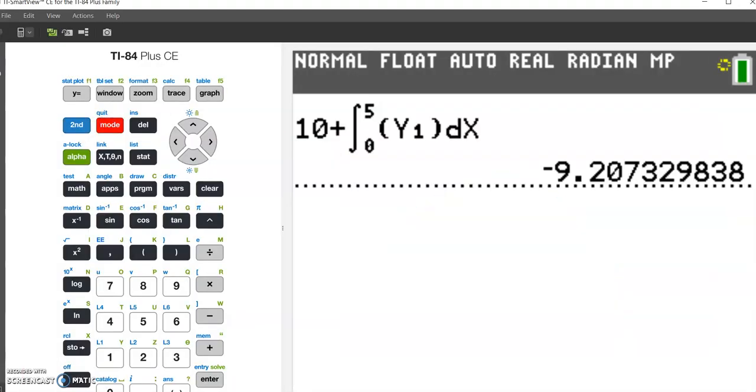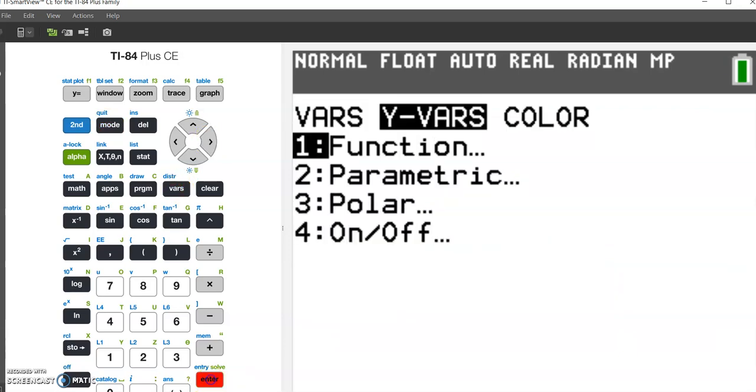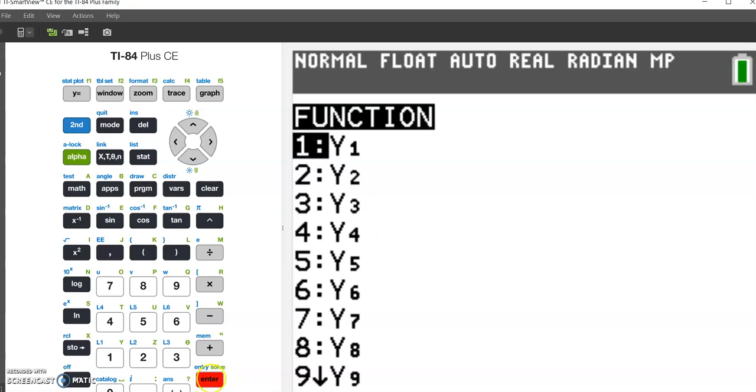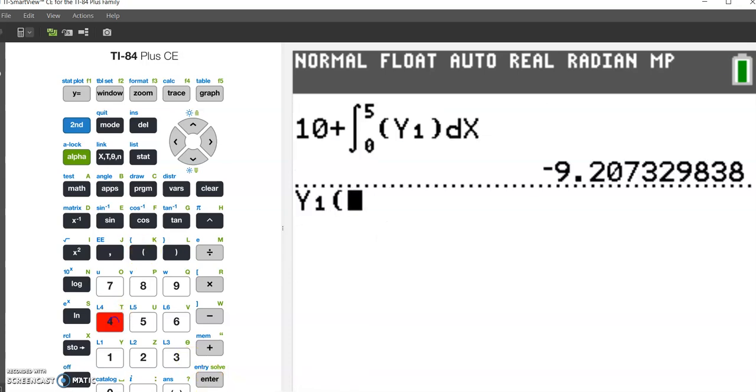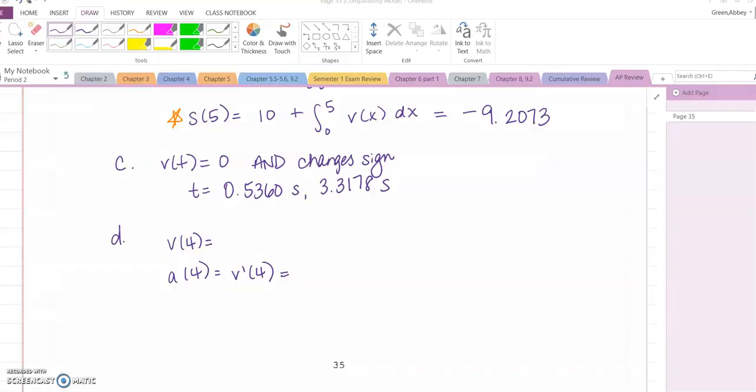Go to your home screen. In your calculator, do y1 of 4. So my velocity is negative.